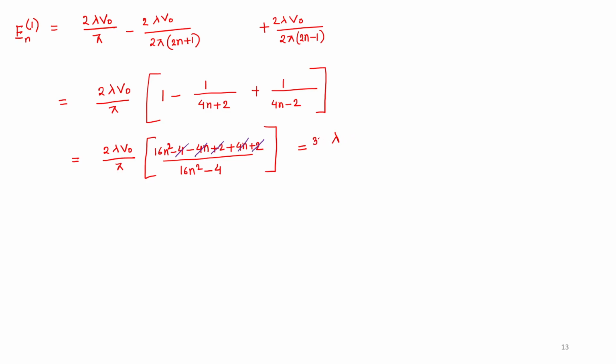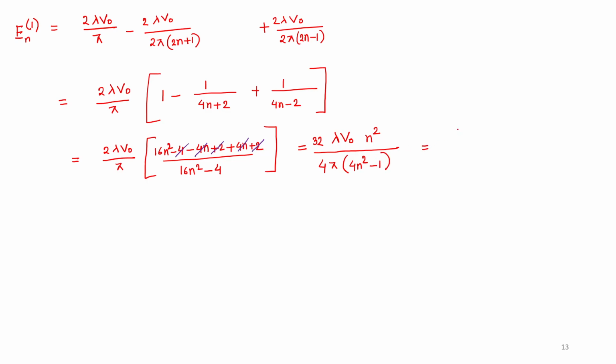So we end up with lambda, so we take 32 out, 16, right? 32 lambda V naught n square, right? 16 plus 32, and we'll take 4 pi outside, and we have 4n square minus 1.